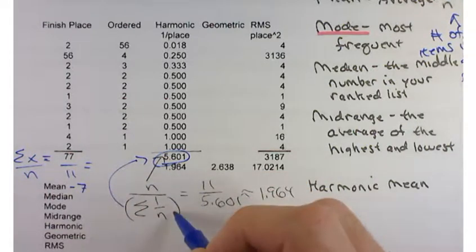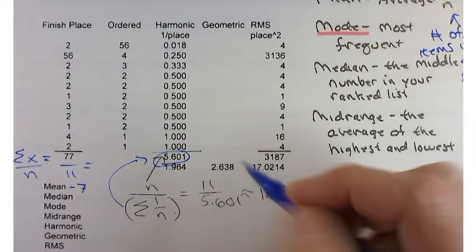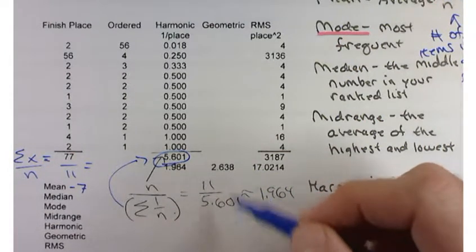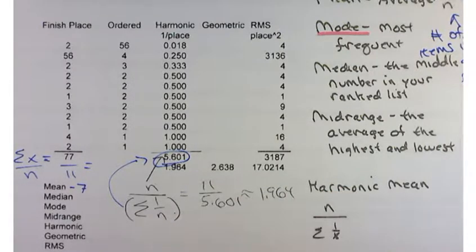Then you divide that sum into how many pieces of data you have. In the case of the front side, that was 11. That gives you a different look at the average, a different statistic for it. This one turned out to be a little bit less than 2, which seems better in terms of saying, what's typical of this data set? About a 2, 1.96 is where it ended up. It's just not something that most people are familiar with. That's kind of the downside. If you say harmonic mean, they're going to look at you sideways.